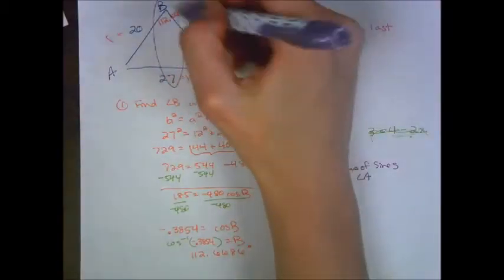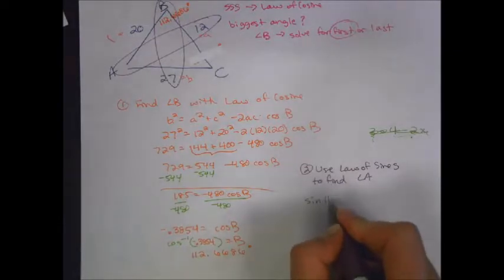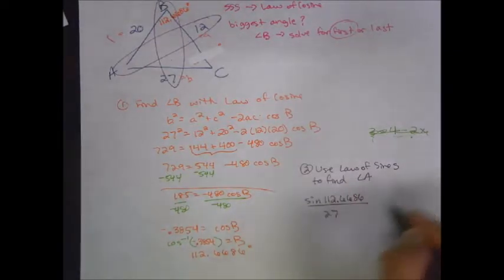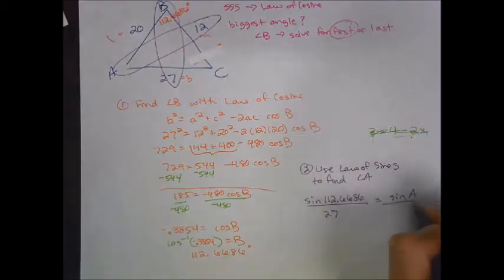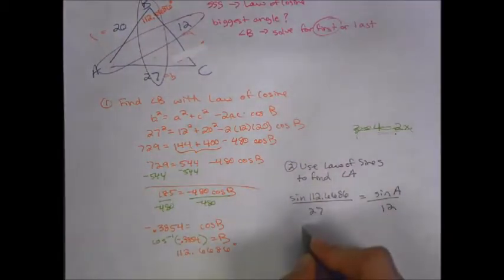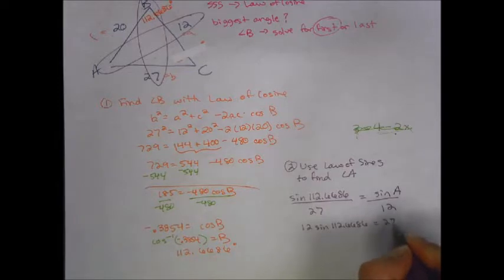So I'm going to use my B's and my A's. Sine of 112.6686 over 27 equals sine of A, I don't have A, over 12. Let's do our law of sines now. Cross multiply.